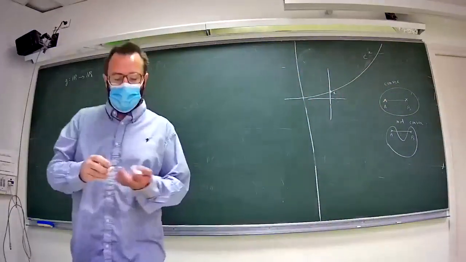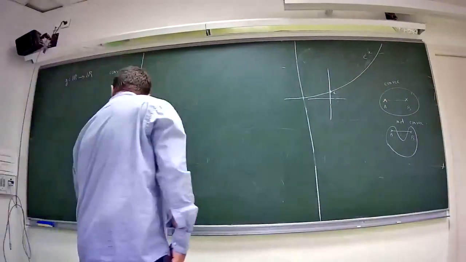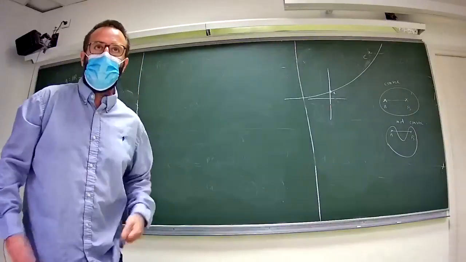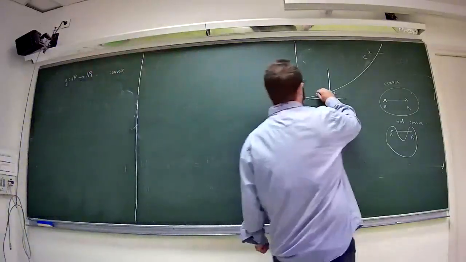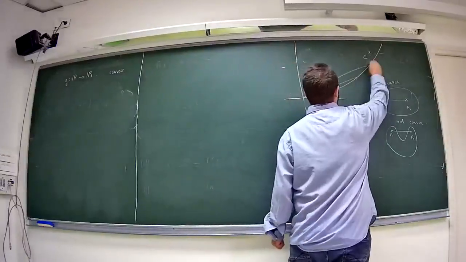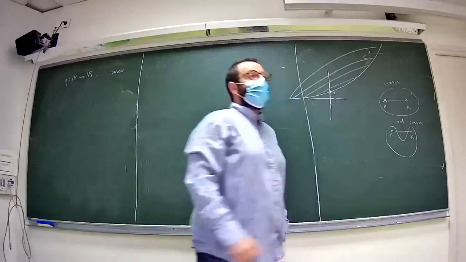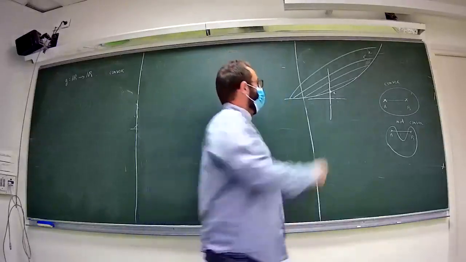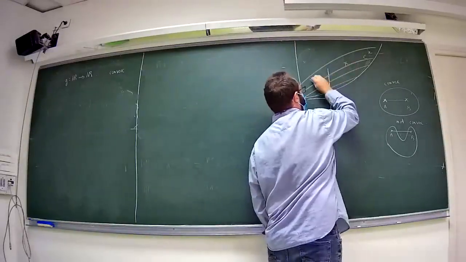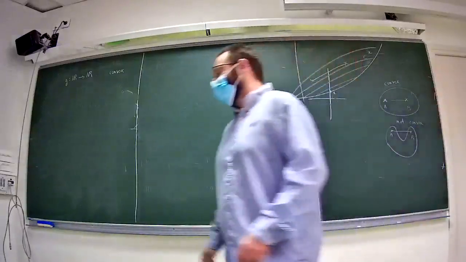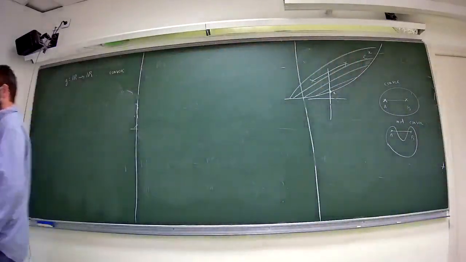You see that in fact for the exponential, if I am interested in the upper part of the curve, that is this one, you have something that is convex. You take 2 points inside here, and what you have between is inside. If you take the upper part of the curve, you have something that is convex.